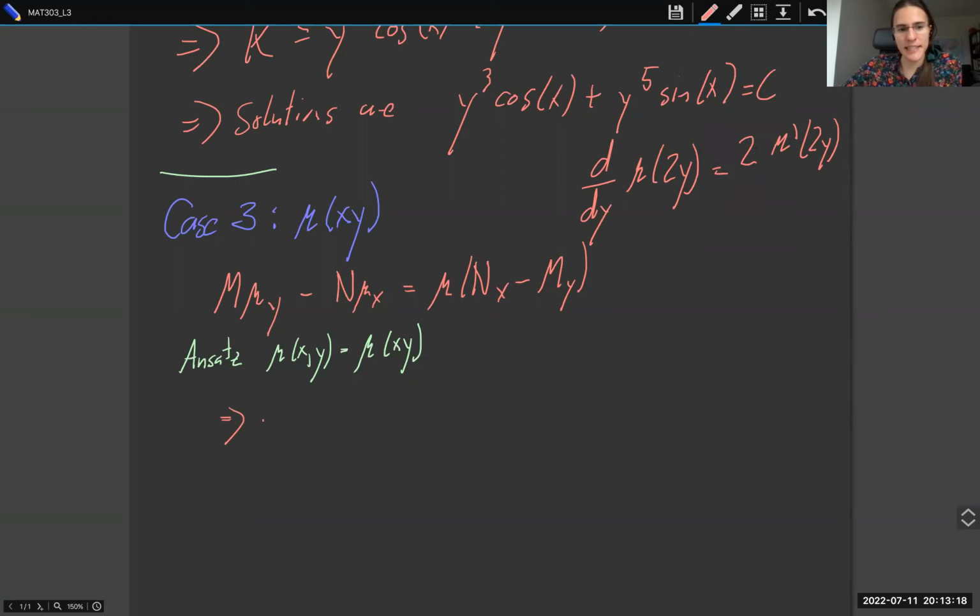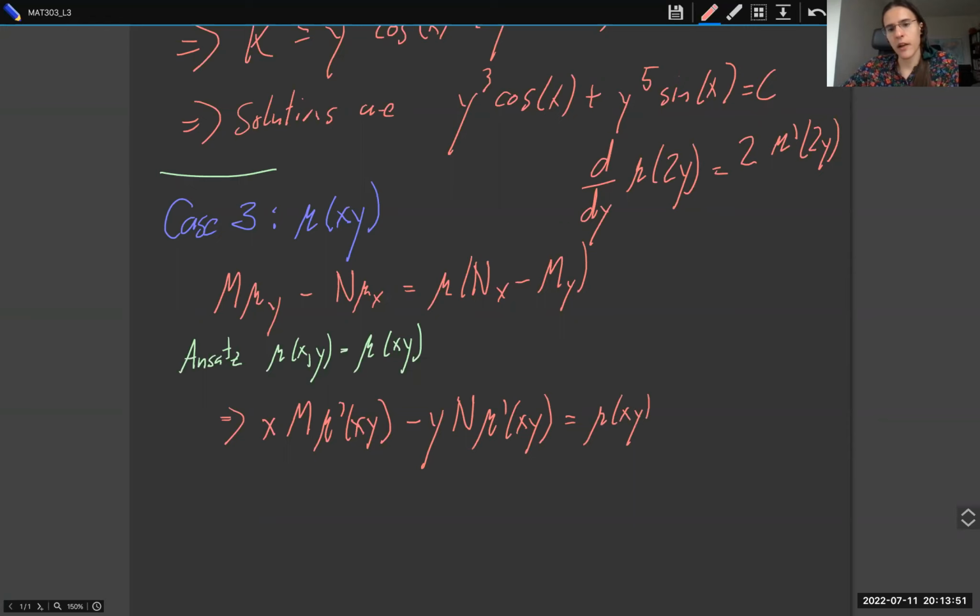So what we're going to get is x times mu prime of xy, minus, and then here we get the same thing, except that we get y out front. So mu is a single variable function, except we're going to evaluate it at xy. And as a result, we get mu(xy) times (N_x minus M_y).